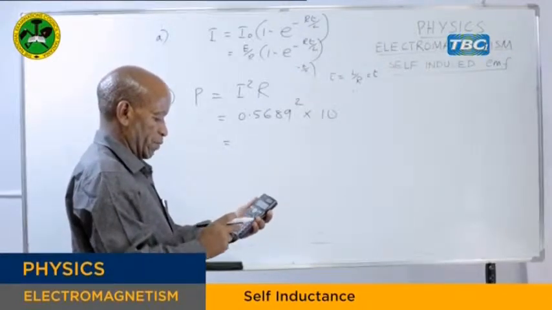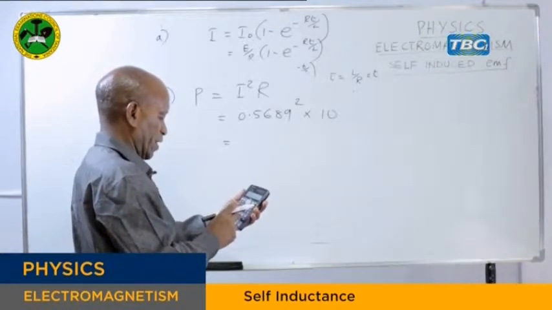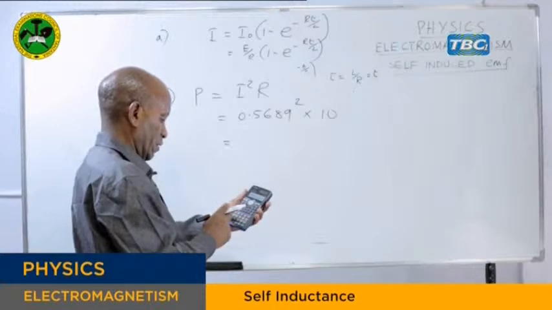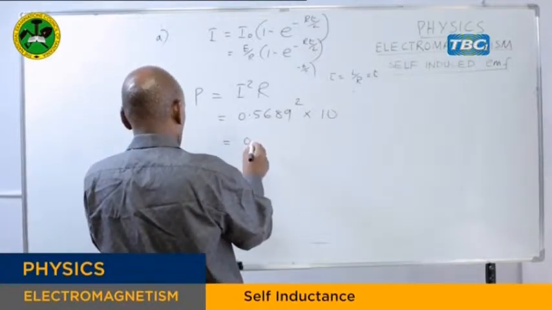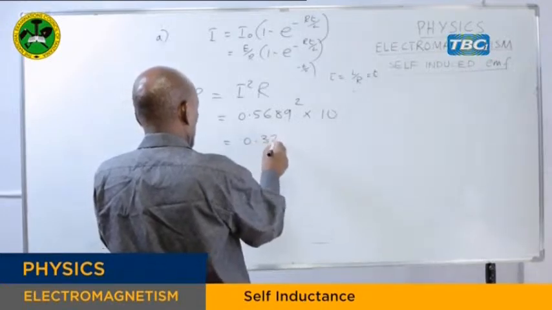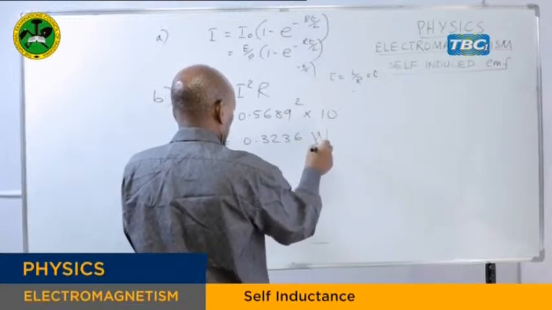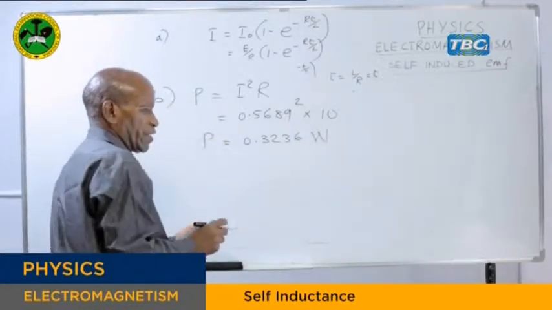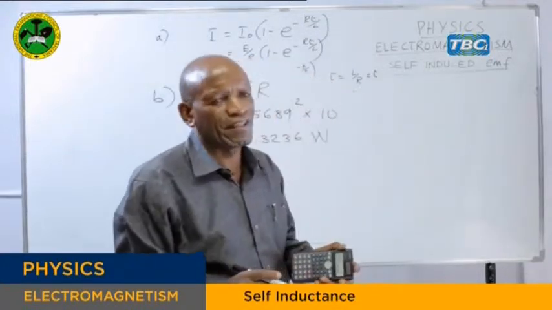The answer will be 0.3236 watts. So this is the rate at which the energy appears as joule heat in the resistor.